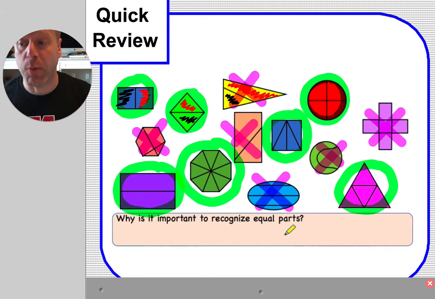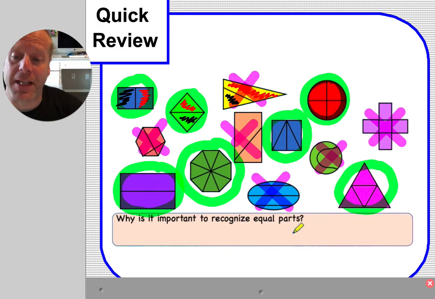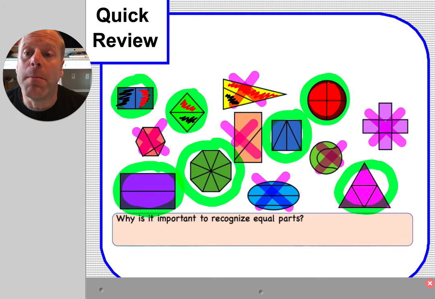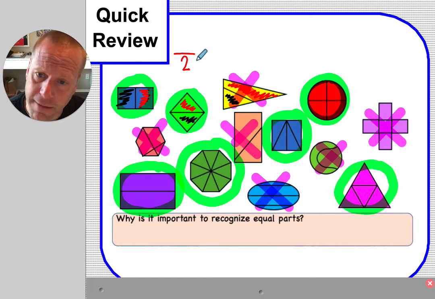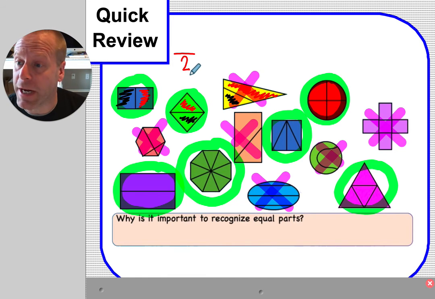So why is it important for us to spend time recognizing equal parts? Because in this chapter, we're going to count those parts. This shape here has 2 parts. So that 2 goes underneath a line. It's called the denominator. And that just means there are 2 all together.